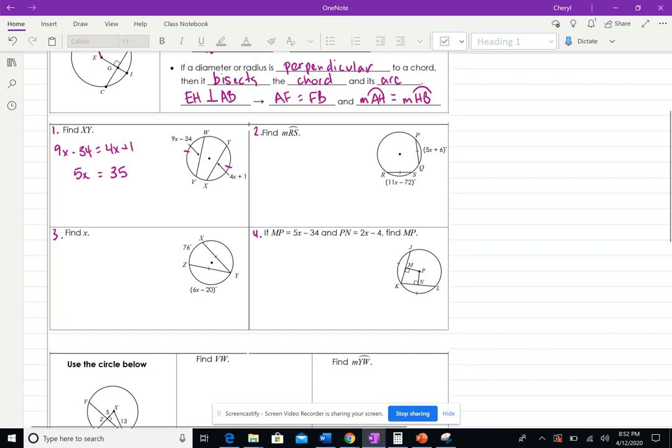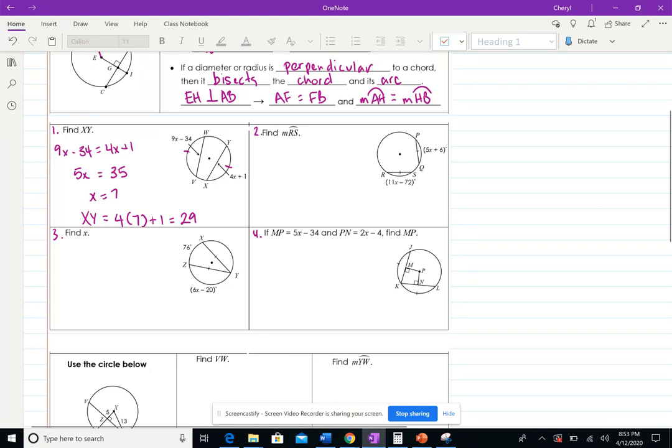Then we divide by 5 to get x equals 7. Okay, so that's the first part of the problem. Now we plug it in to find xy. xy equals 4x plus 1, and 4 times 7 plus 1 is 29. Scratch that, let me erase. 4 times 7 plus 1 is 29.